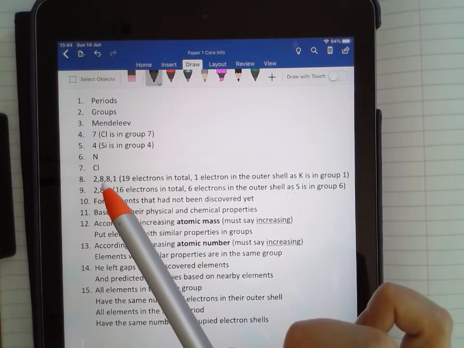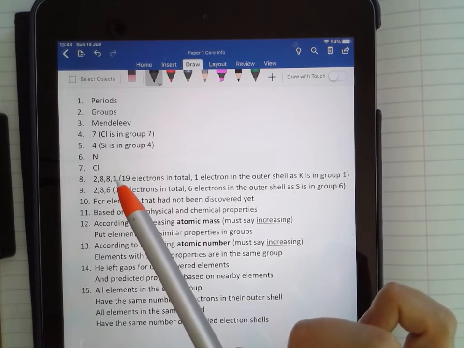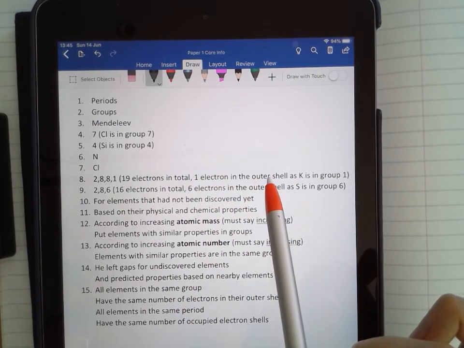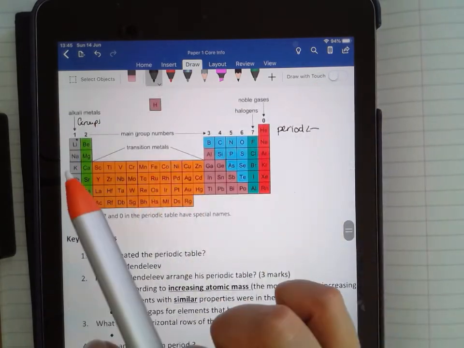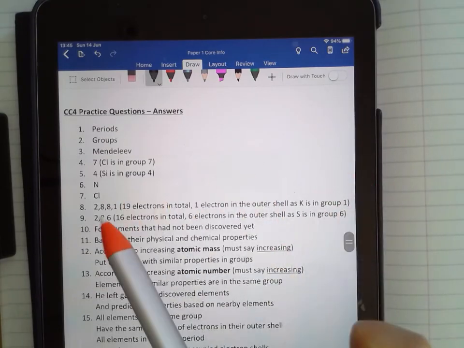How many go in the second shell, 8. How many in the third shell, 8. And how many in the outer shell, fourth shell, just 1. So there's 19 electrons in total. It ends up with 1 electron in the outer shell, which is what I'm expecting because potassium is in group 1. You're then also asked for the electron configuration of sulfur.